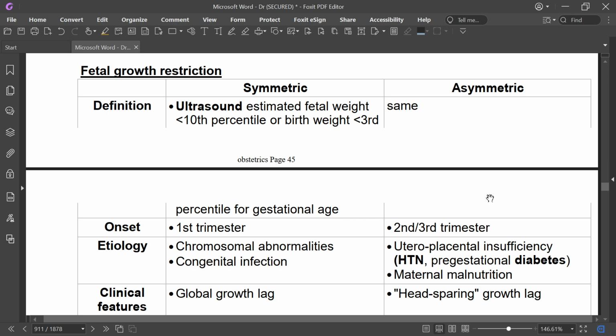Asymmetric happens in the second and third trimester, symmetric happens in the first trimester, with the same definition of estimated fetal weight less than the 10th percentile or birth weight less than the 3rd percentile for gestational age.